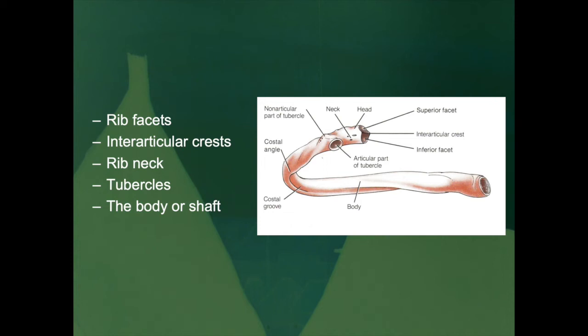A short distance below the tubercle, there is an abrupt change in the curvature of this shaft, and that's what we use to identify and side in the field. This point of major shift is sometimes referred to as a costal angle. The inner surface of the rib has a costal groove with a little bit of a ridge that appears, and this is designed in a sense to protect blood vessels and small nerves that are moving throughout the area.